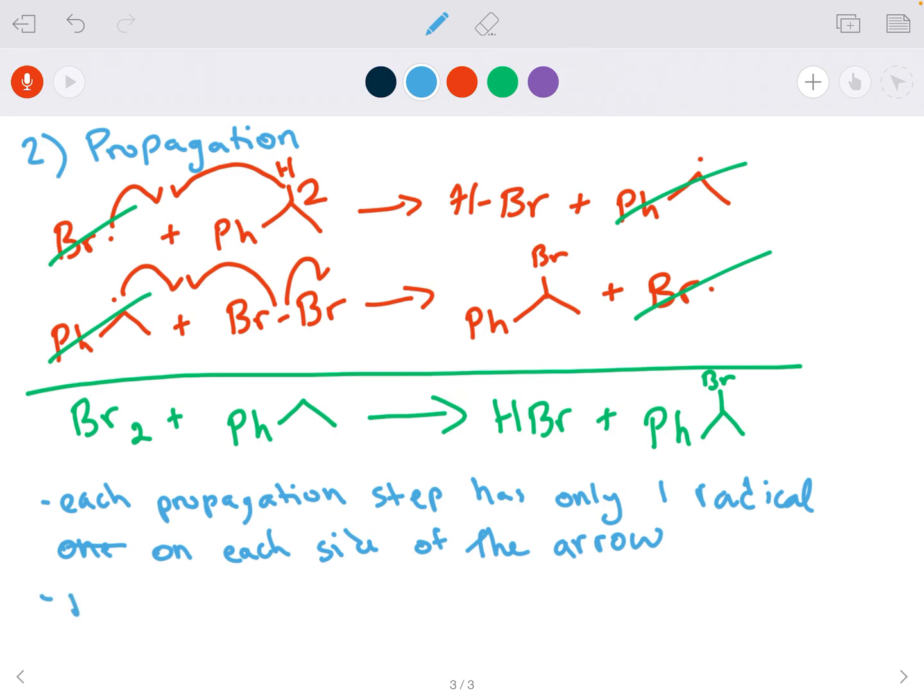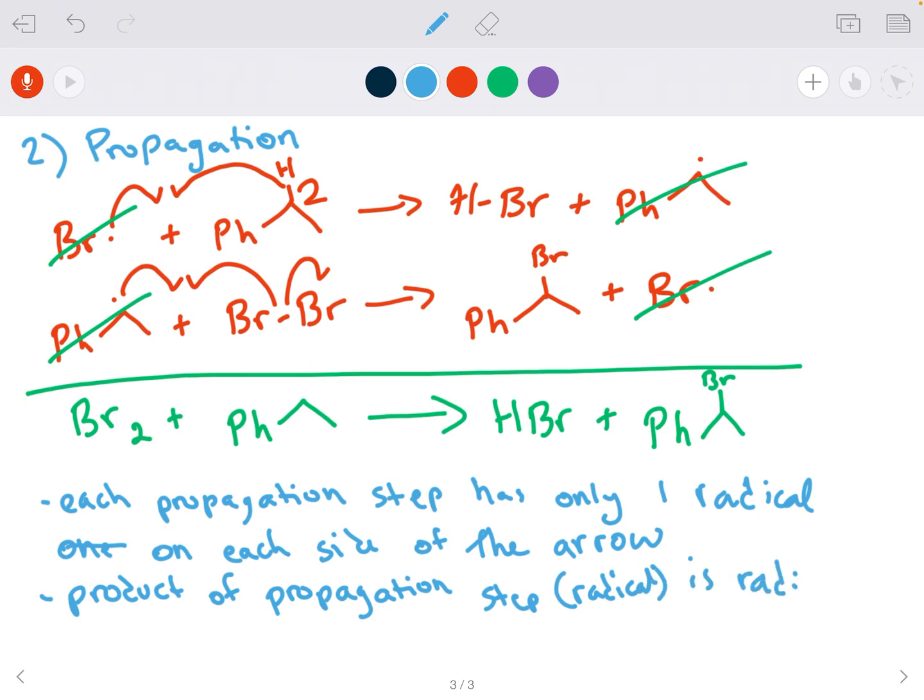Then also, the product of a propagation step, the radical one specifically, is the radical reactant of the next step. This is only a two-step propagation here.